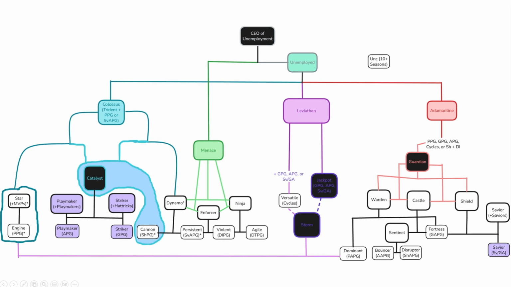All right. And now we're going to look at the Leviathan route. So really, all you need to know to get this started is that you absolutely have to have the attributes for points per game and points against per game. A lot of these players are hard to play against no matter what you're doing.